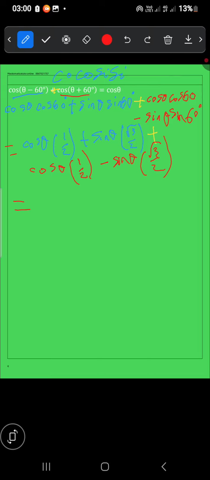Now this is equals to half cos theta plus root 3 over 2 sine theta plus half cos theta.